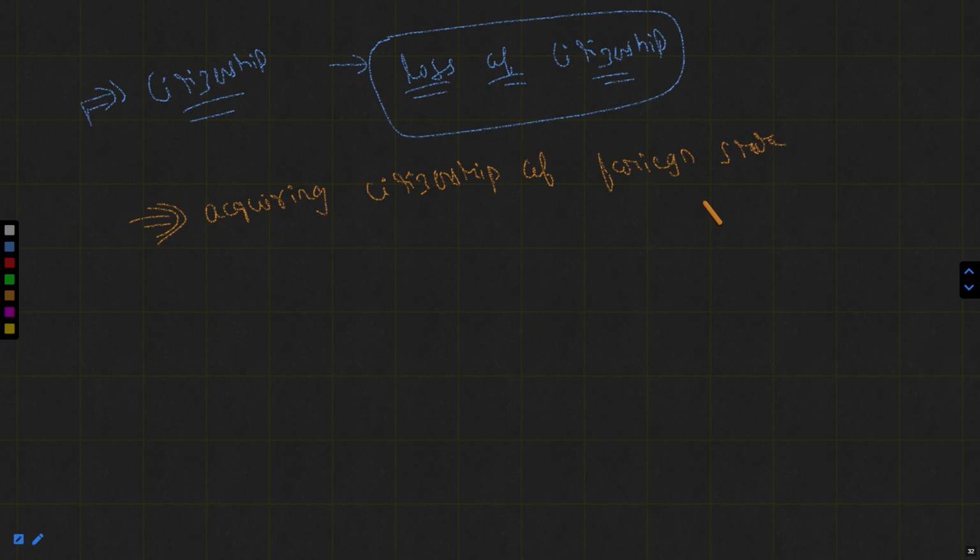Why? Because in India there is no dual citizenship, which means you can only be a citizen of this country. Okay. So whether you are a citizen or not, that is the final question.